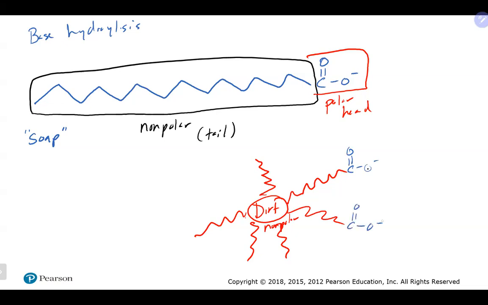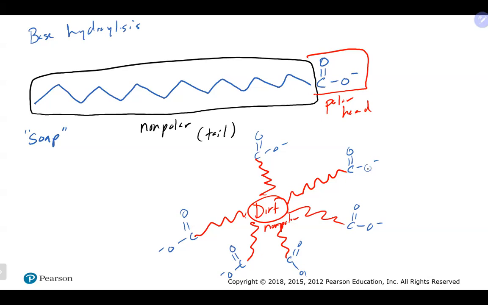What it has on the outside of each of these soap molecules is this carboxylic acid part, or the salt of a carboxylic acid, and that part is polar. So we have this polar part on the outside. We got all the dirt trapped on the inside with the non-polar part. Like dissolves like, so non-polar things mix, right?